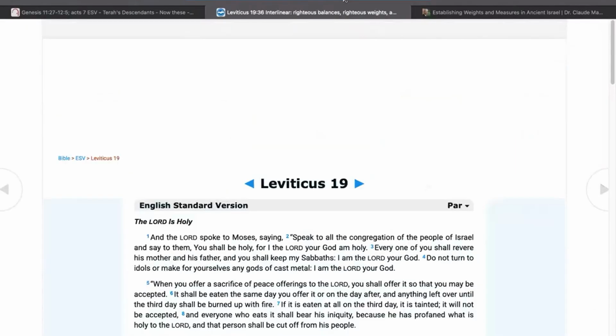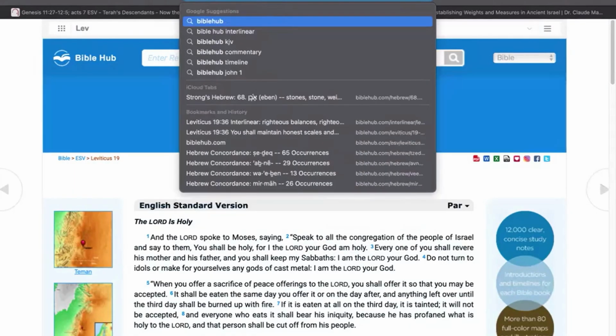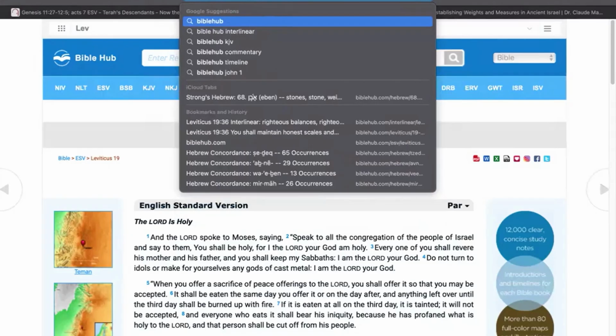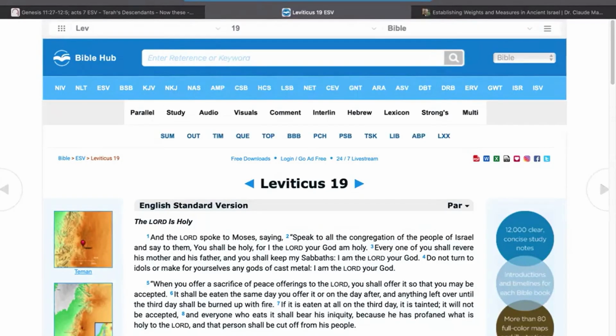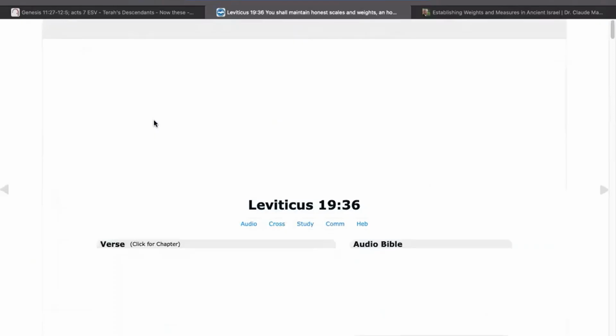So there's this website called Bible Hub, and if you go to Bible Hub and search for Leviticus 19:36, this is a free resource you can go to.